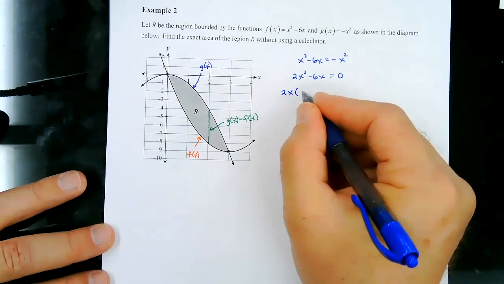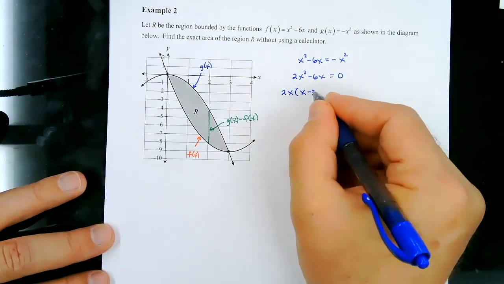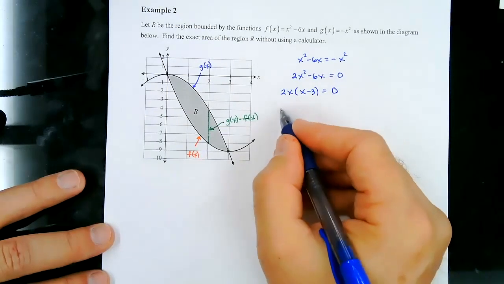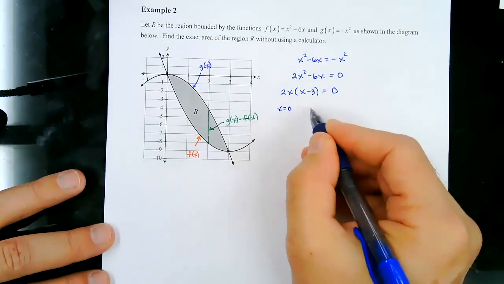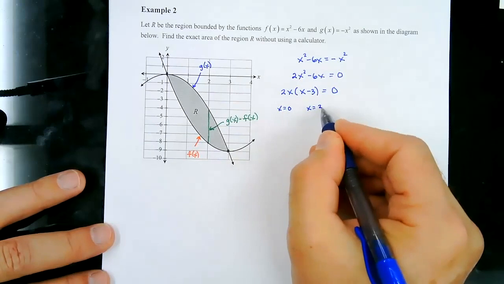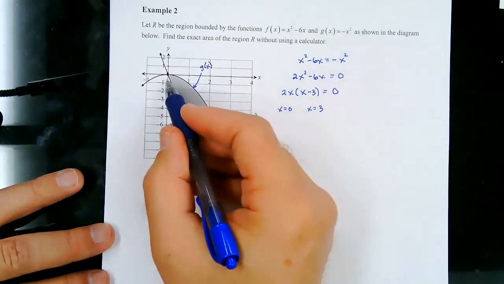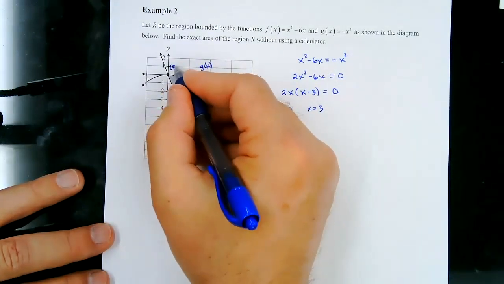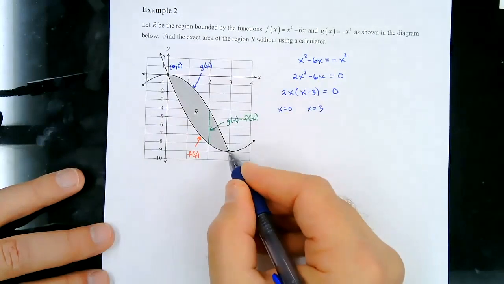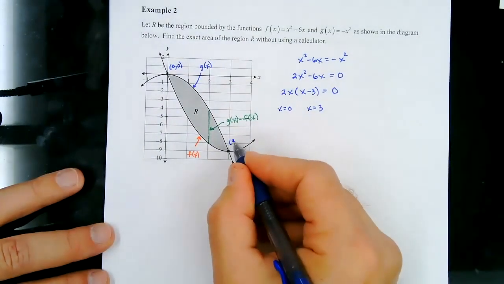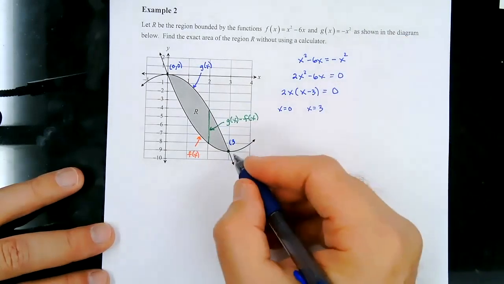So 2x times (x minus 3) equals 0. This happens when x is equal to 0 and when x is equal to 3. So the coordinates of this point are (0, 0), and this one right here is going to be 3, and when I put it in here, it'd be negative 9.